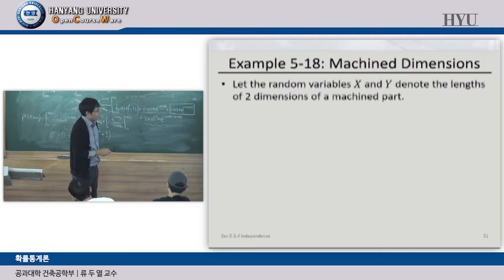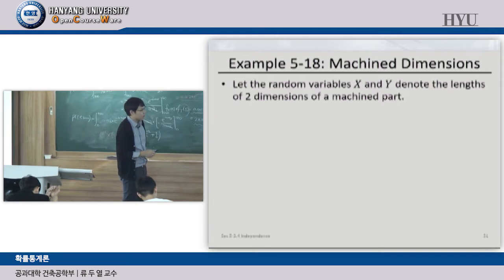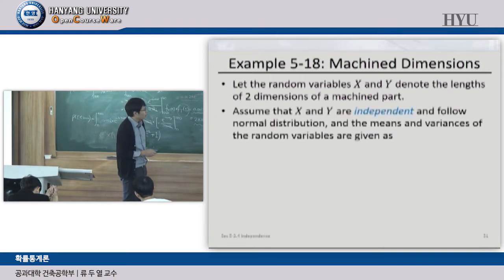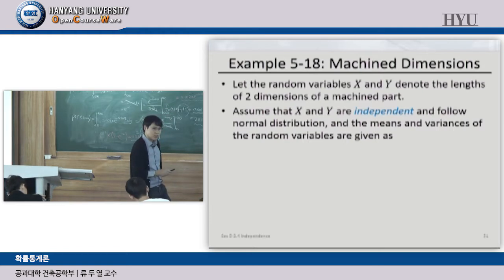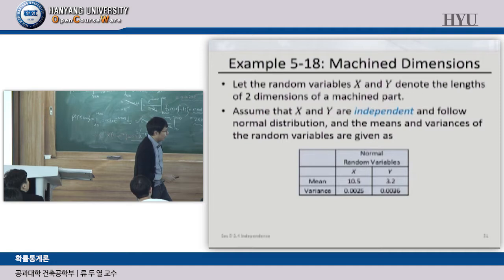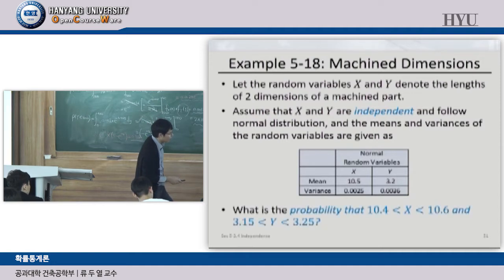Where the random variables x and y denote the length of two dimensions of the machined part. Assume that x and y are independent and follow the normal distribution, okay? The means and variances are given in the following table.